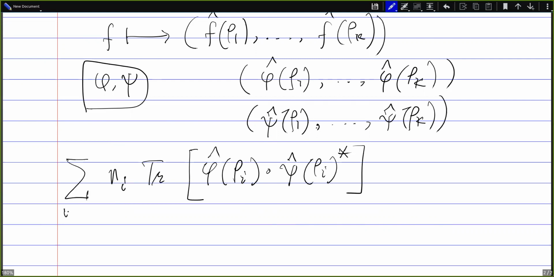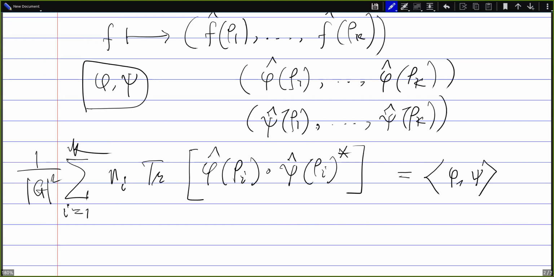Then we simply take its sum from 1 up to k and scale it by 1 over order of G squared, and that is going to be the inner product of phi and psi. So this is the Plancherel formula in the setup of finite groups.